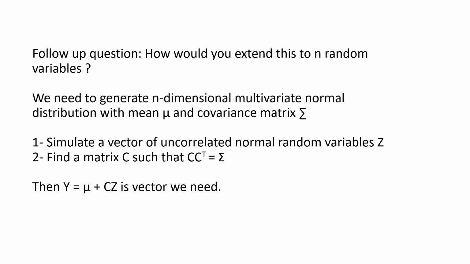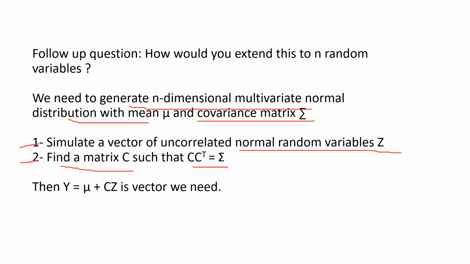For the second part of the question, we need to generate an n-dimensional multivariate normal distribution with the mean mu and covariance matrix which is given to us as sigma. So the first step is to simulate a vector of uncorrelated normal random variables Z in n dimensions, and then find a matrix C such that C times C transpose is sigma.